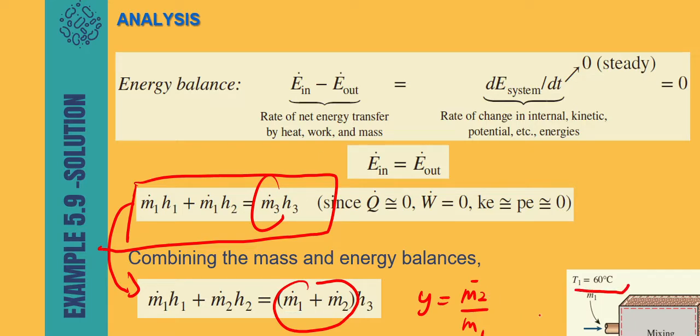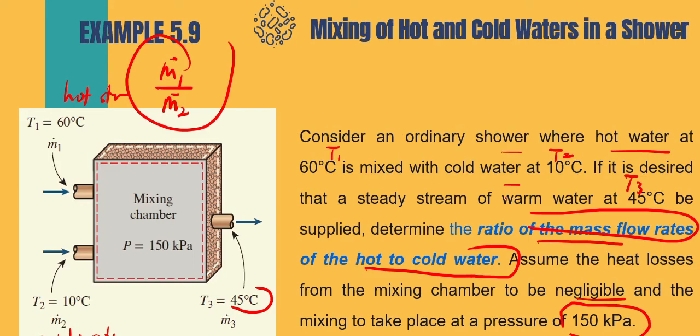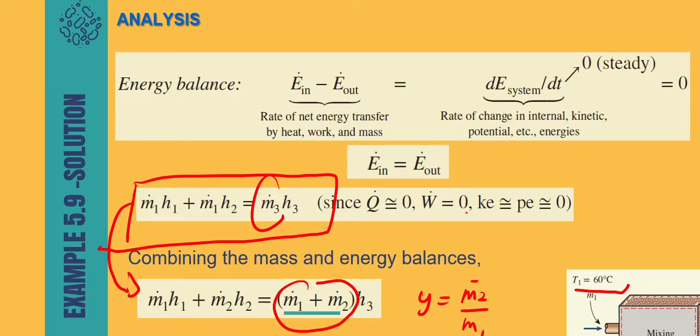You need to calculate the ratio of mass flow rate of hot over cold water, right? M1 over M2, ratio of hot over cold water. So you have this equation.